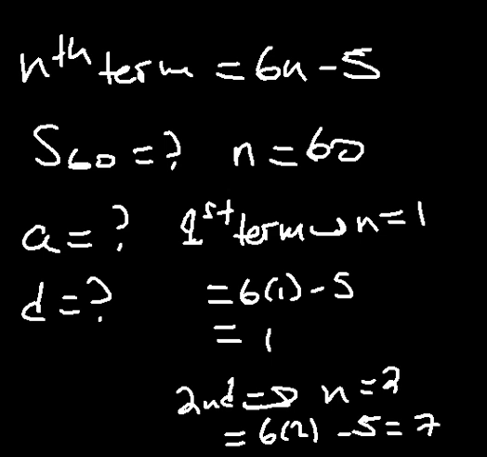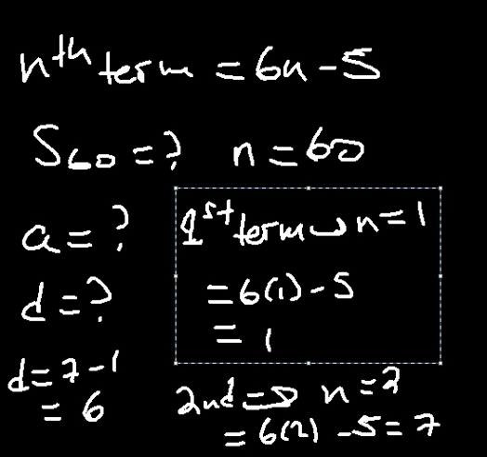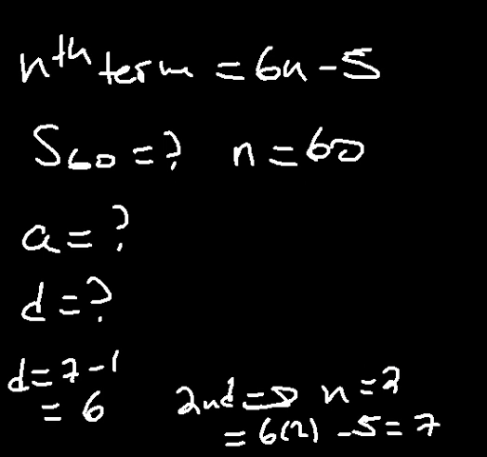Since we have the first term as well as the second term, we can have the common difference. What will be the common difference? We'll have 7 minus 1, which is equal to 6. So for that particular arithmetic series, the first term is 1, and the second term is 7.